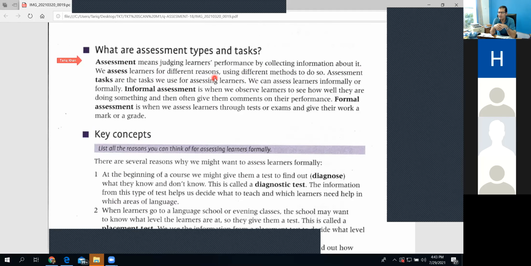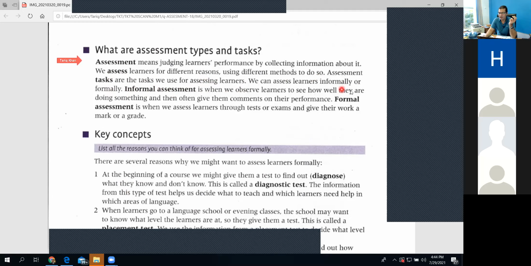Commonly we say checking them, but formally you say assessing. We assess learners for different reasons, using different methods. Assessment tasks are the tasks we use for assessing learners, and we will be talking about those tasks.